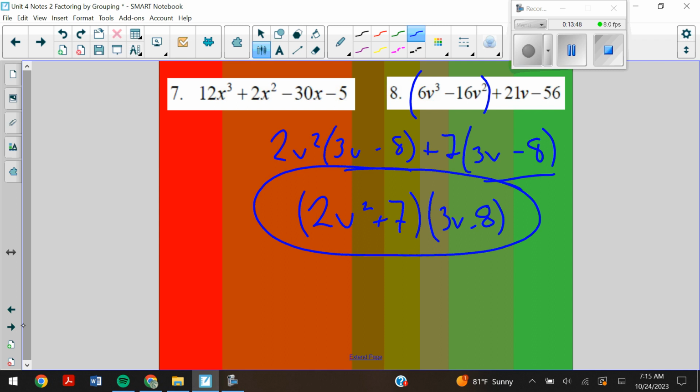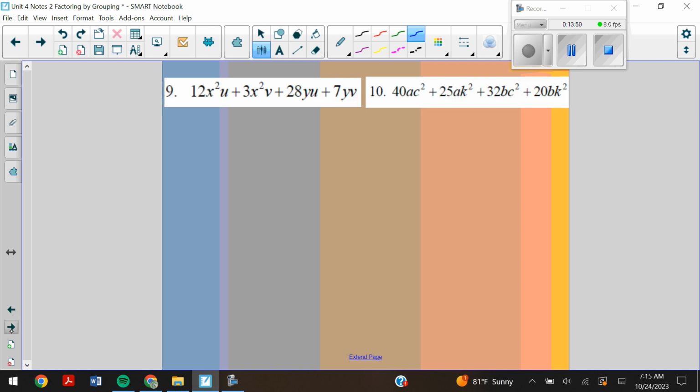All right, let's see more problems. And these ones have multiple variables. All right, I know you guys. First, we start in problem 9. I don't have a variable or a number, and there's not a variable that's common for all of them.